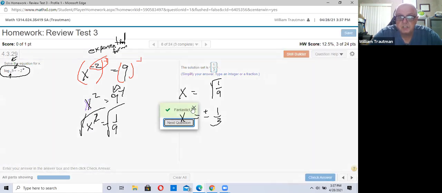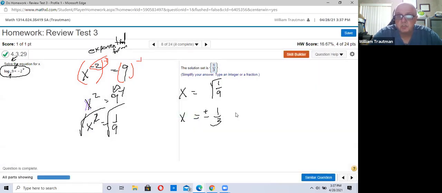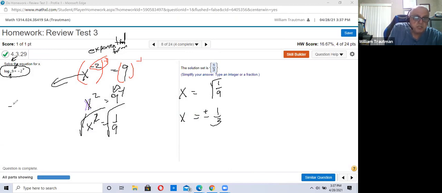And you'll see the answer, once again, it's multiple choice. Then the minus won't work. You can plug it in and try it out. I'll plug it in for you and show you that it doesn't work. The x is -1/3. So this is the exponential form, -1/3 raised to the -2 power equals 9.